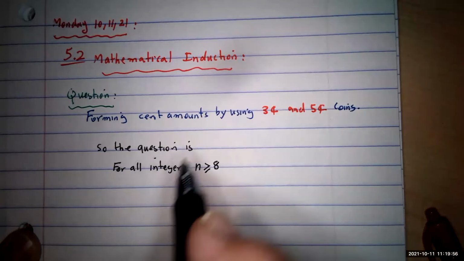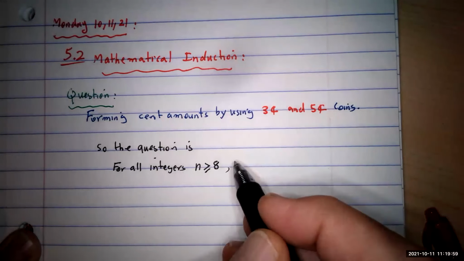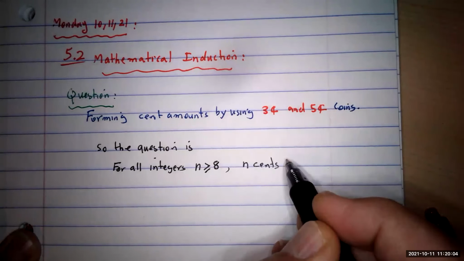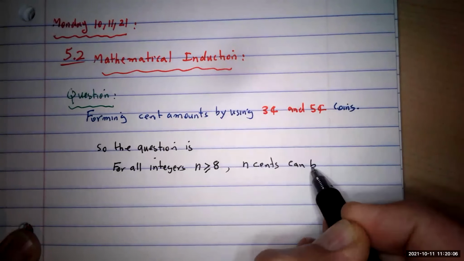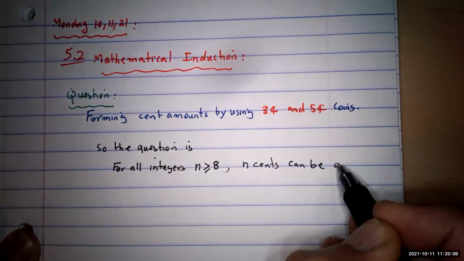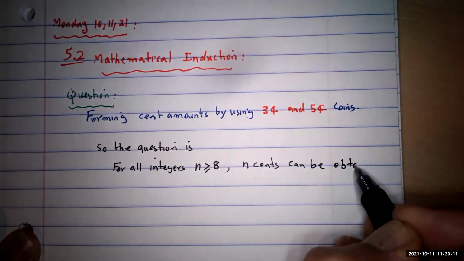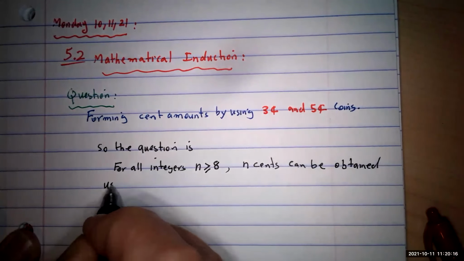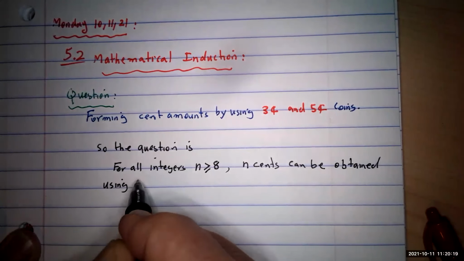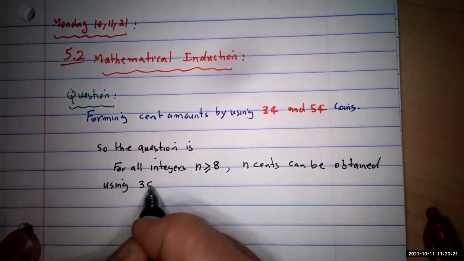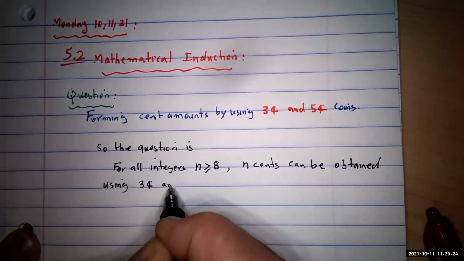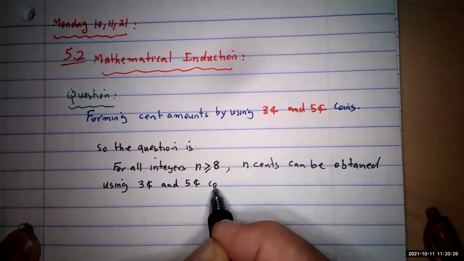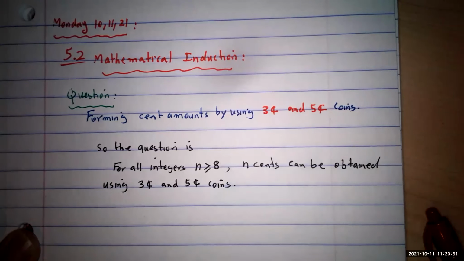So for all n greater than or equal to 8 cents, with those restrictions, n cents can be obtained using 3 cent and 5 cent coins.